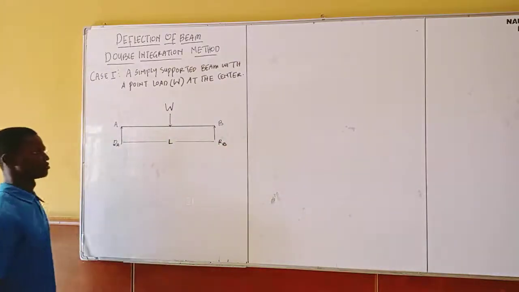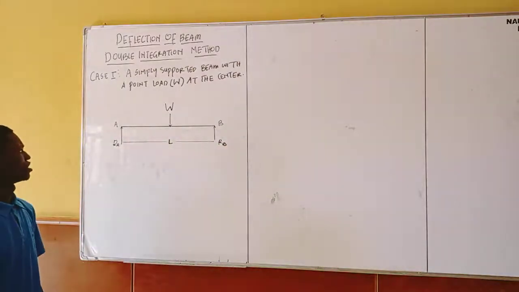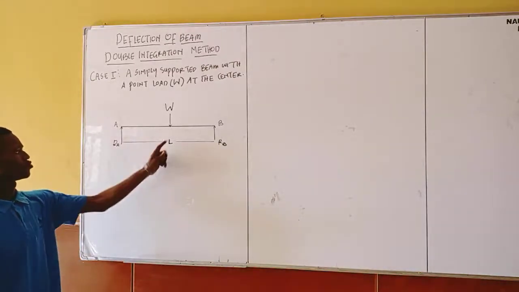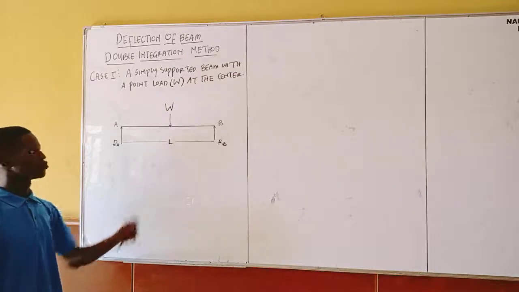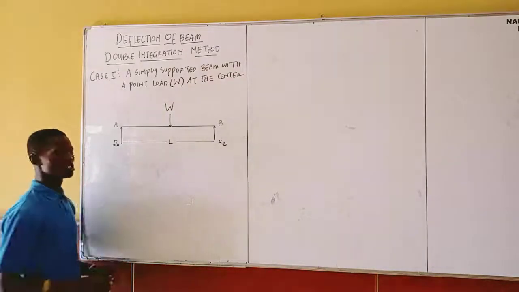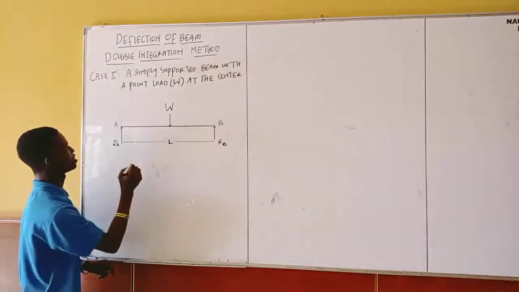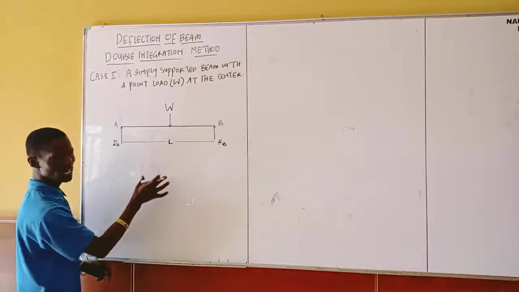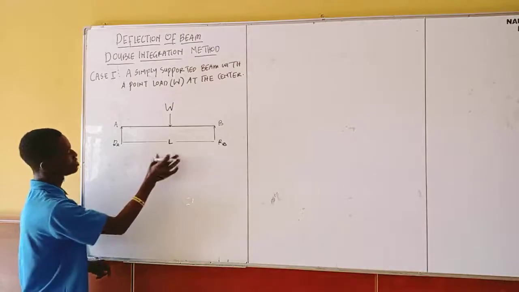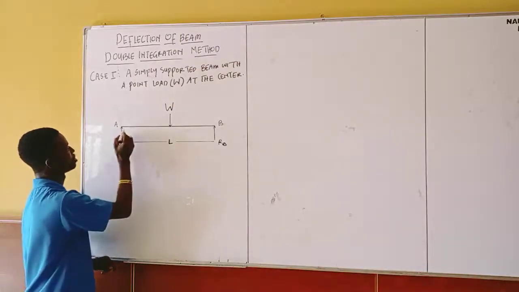Before calculating deflection for this beam, you know that the maximum deflection of this beam will occur at the middle. You understand? Because this is where the load is placed, and the effect of the load is more felt at this middle. So when the beam is under a loading condition and deflects, it will deflect in a manner like this.